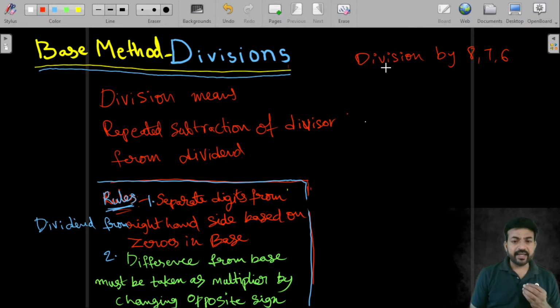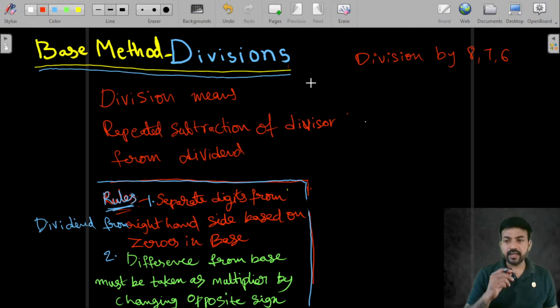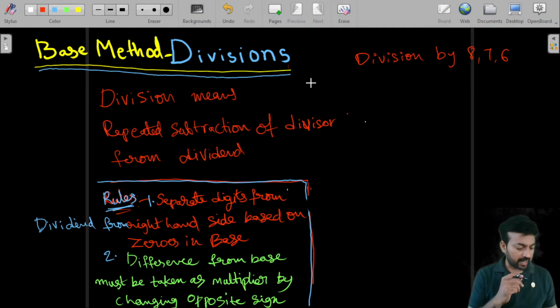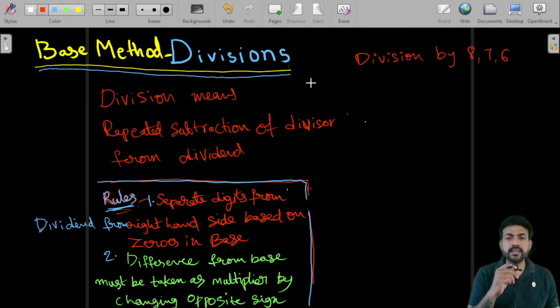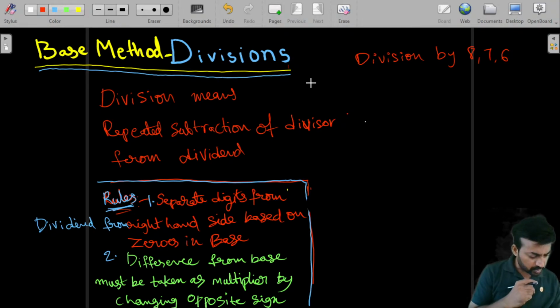So when you are dividing by 7, 8, 6 like this. Do you have any doubt regarding division by 9? Tell me first. Good morning, all of you.